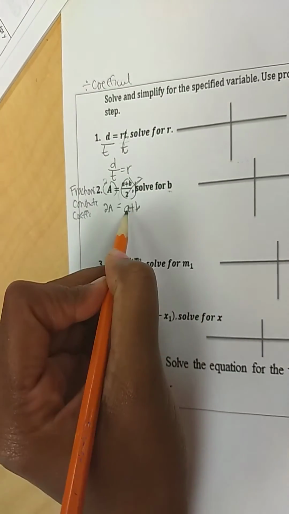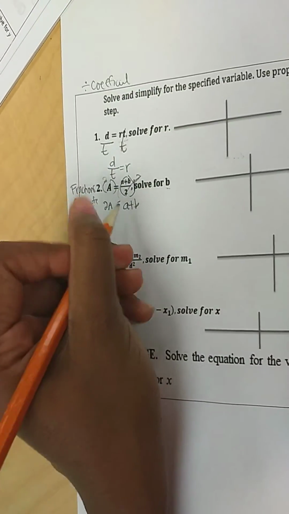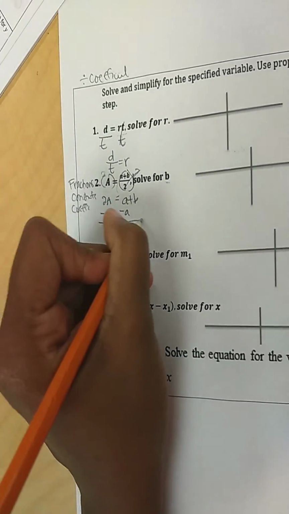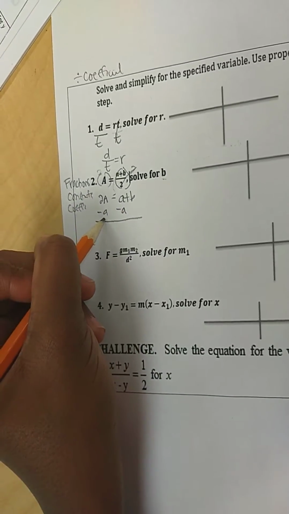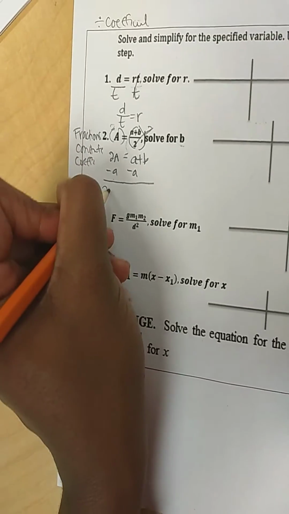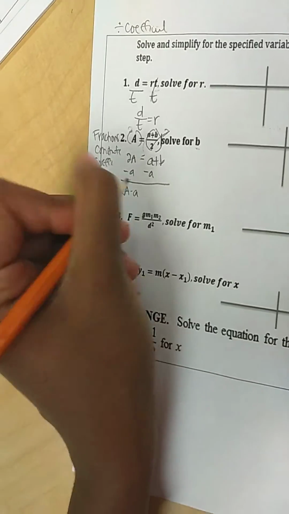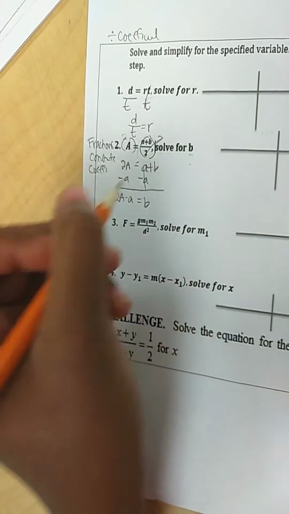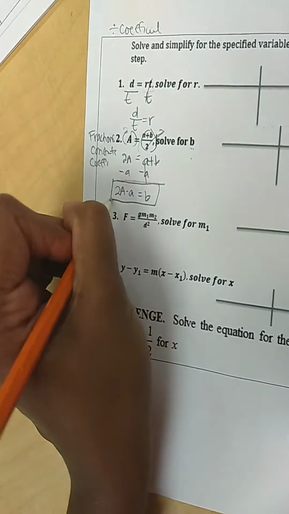I'm solving for b, so I need to get rid of the plus a, the positive a, minus a from both sides. This is a capital A and a lowercase a, which are different variables, so they cannot combine. So this is 2a minus a equals b. Oh, that's all I want is to solve for b, so I put it here.